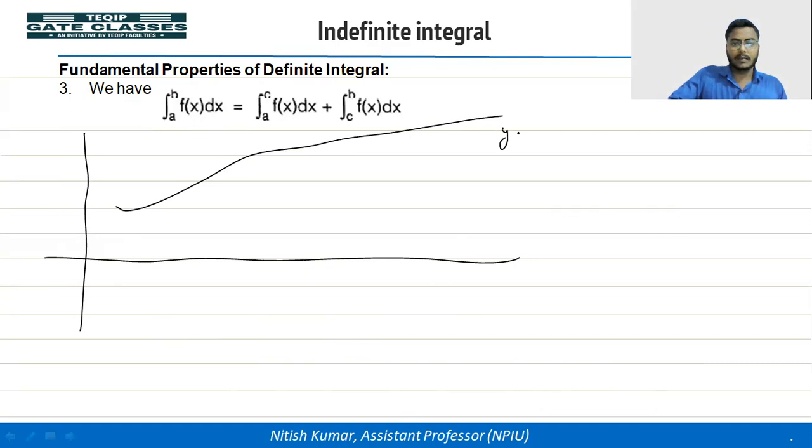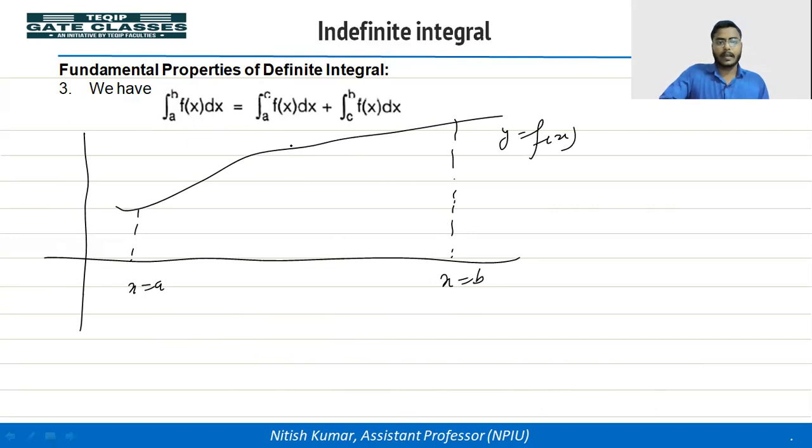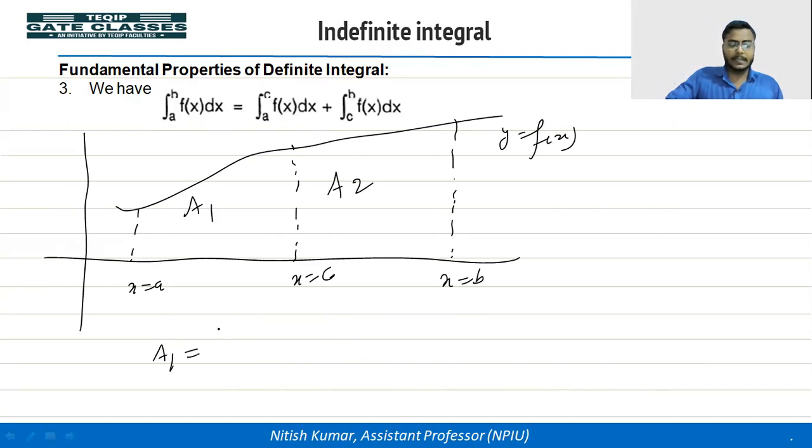Like this. This is the function of f(x), this is x is equal to a, this is x is equal to b, and somewhere here there is x is equal to c, right? And we have to calculate the area, like a1, and this is a2. So area a1 we can write integration of a to c y dx.